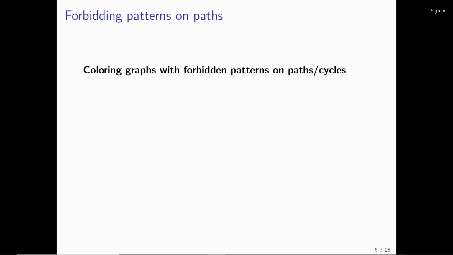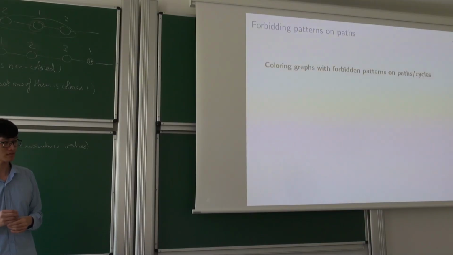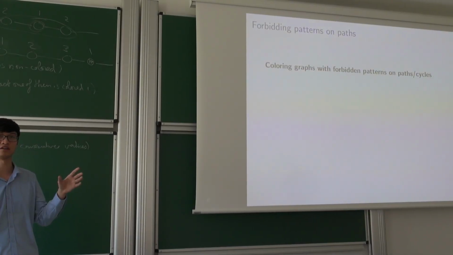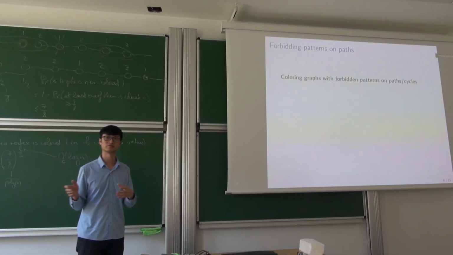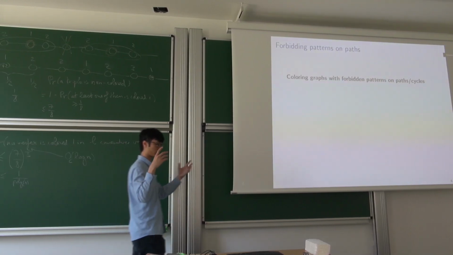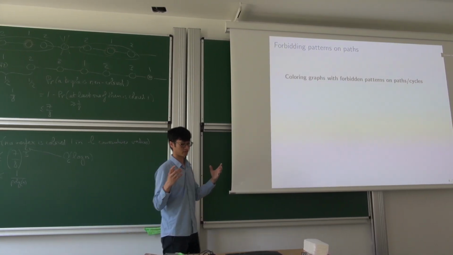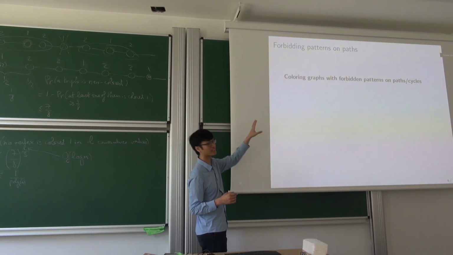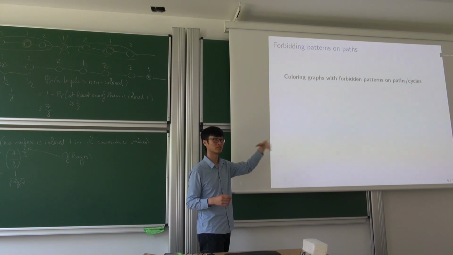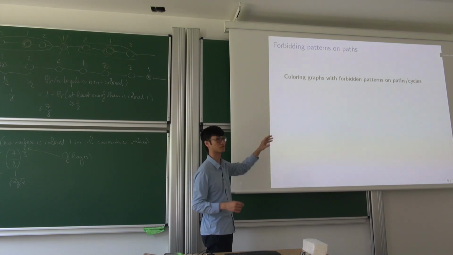All right. So now that you sort of understand what the local model is, I will talk about the second part of my title, which is non-repetitive coloring. And actually, I'm going to consider a whole class of coloring problems from the perspective of forbidding some patterns on some paths, or sometimes cycles.